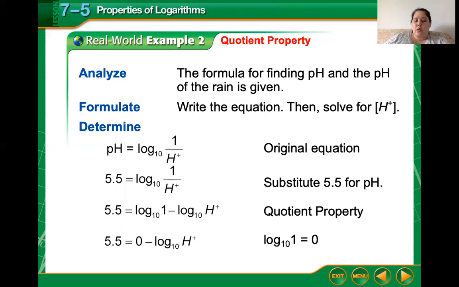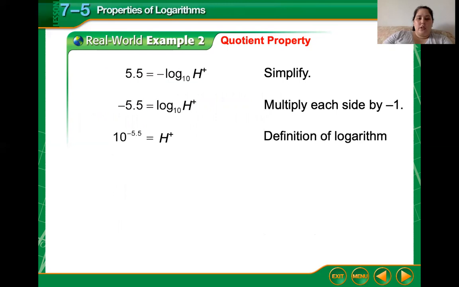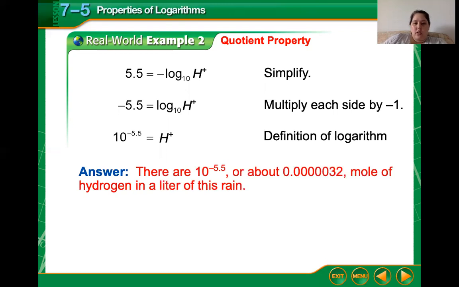As we know, log base 10 of 1 equals 0, so we can say 0 minus log base 10 of H, which when we simplify gives 5.5 equals negative log base 10 of H. Transforming to exponential form gets us 10 to the negative 5.5 equals H. So there are 10 to the negative 5.5, or about 0.000032 mole of hydrogen in a liter of this rain.